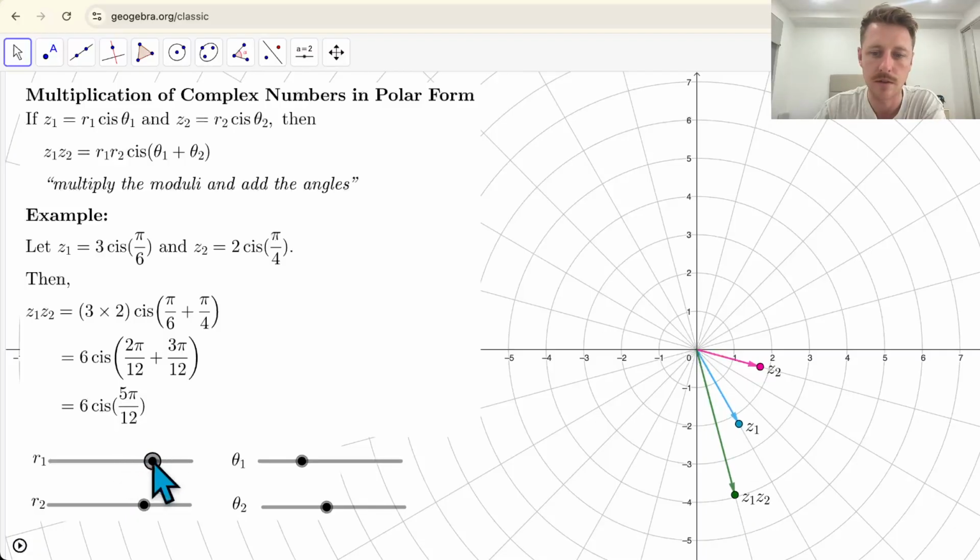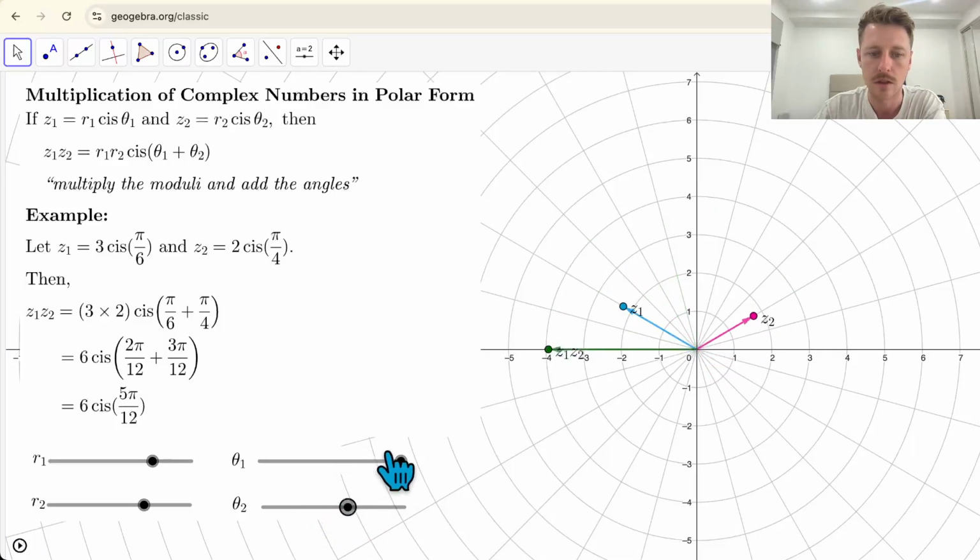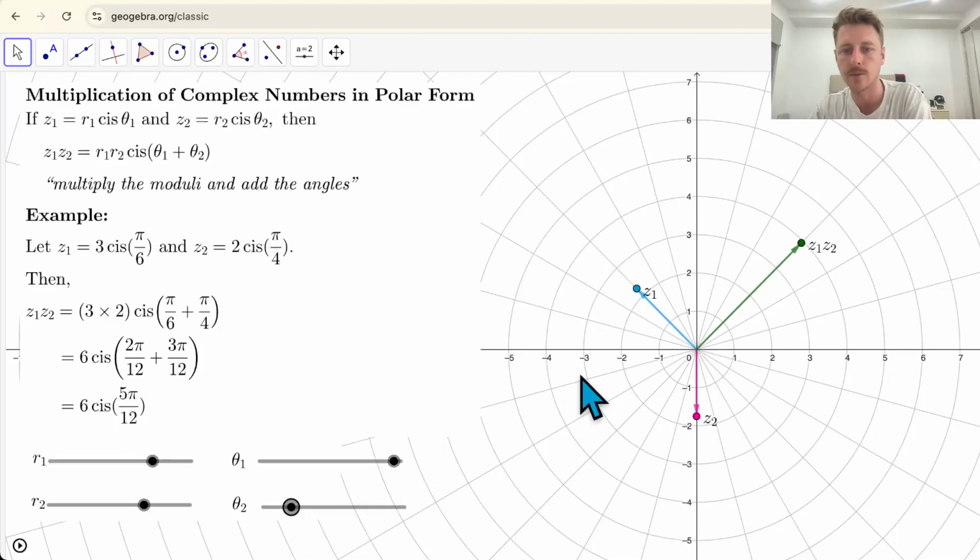Anyway, you get the idea. It has an effect of scaling up the resultant complex number, and there's obviously a rotation factor, and that rotation factor is just the addition of the angles. So you get all this kind of fun stuff happening. And that's just an example of how two complex numbers multiply.